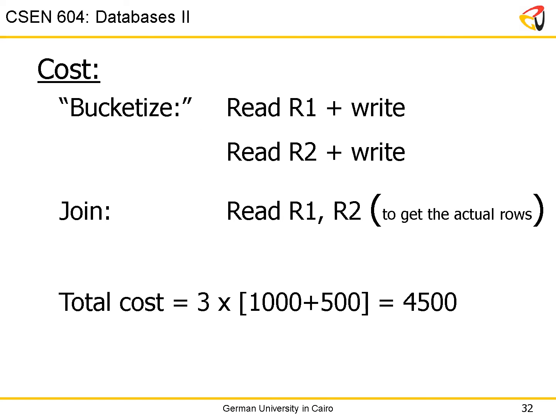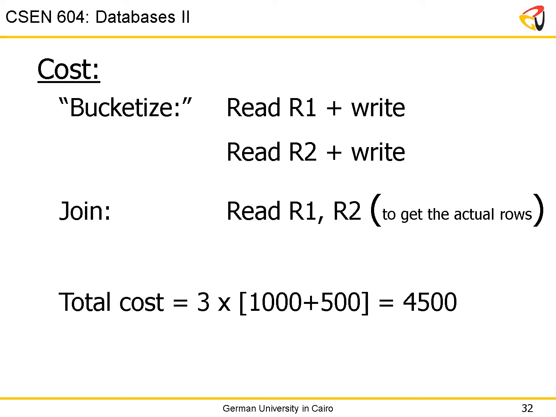If we think about the performance of this approach in terms of the number of IOs, we're reading all of R1, which is 1000 pages. That's paying 1000 IOs, 1 IO per page, and then we write the buckets to disk, because for the same argument, if R1 is too big to fit in memory, most likely the hash table is not going to fit in memory, so we write it back to disk.